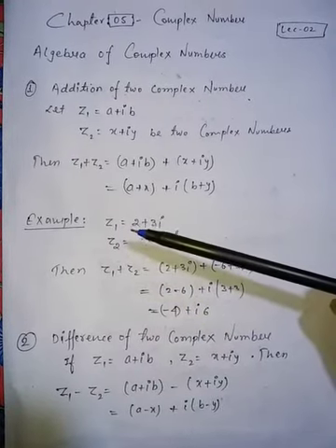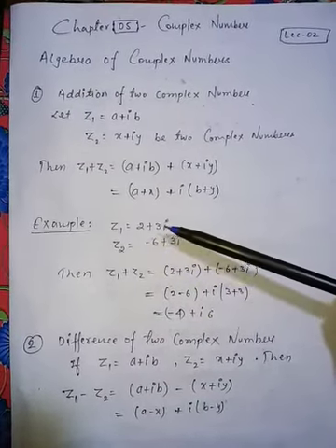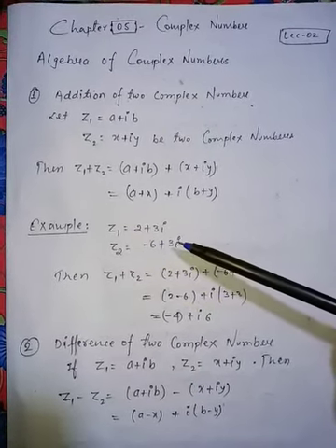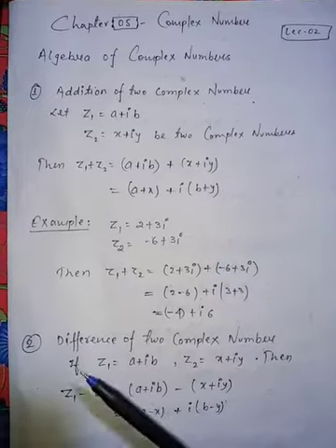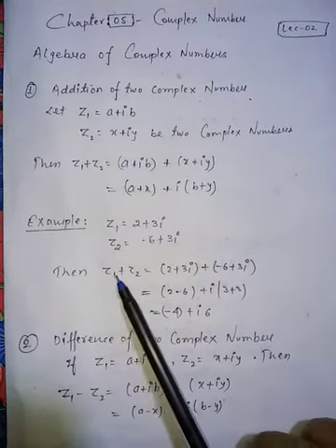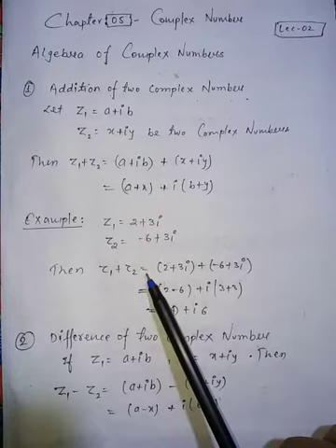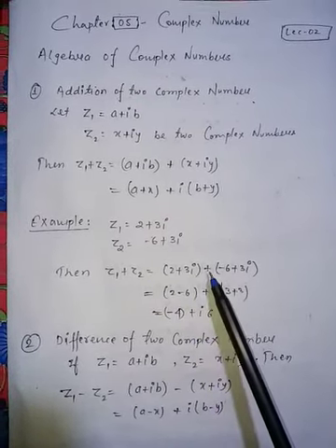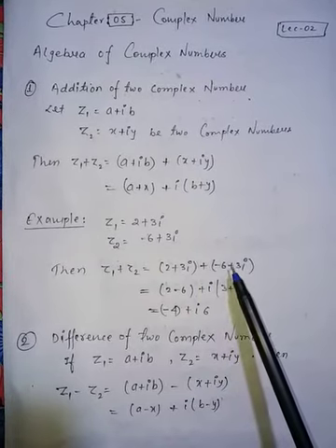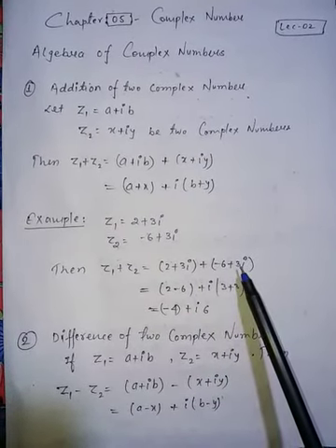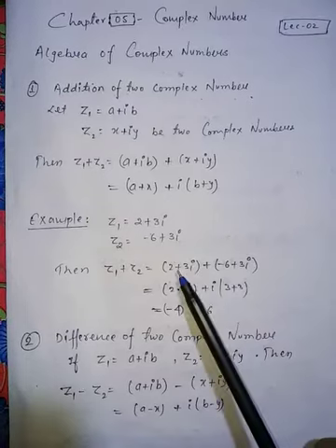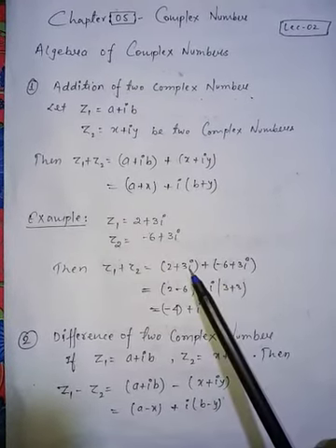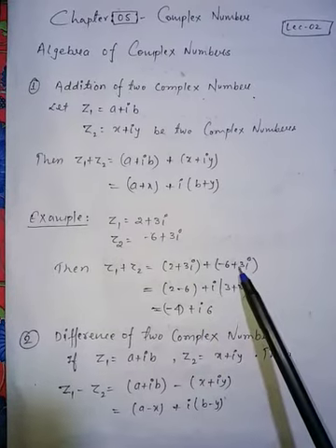Let z1 equal to 2 plus 3i, z2 equal to minus 6 plus 3i. Then z1 plus z2 equal to 2 plus 3i plus minus 6 plus 3i. Then we add real part and real part, and imaginary part and imaginary part.